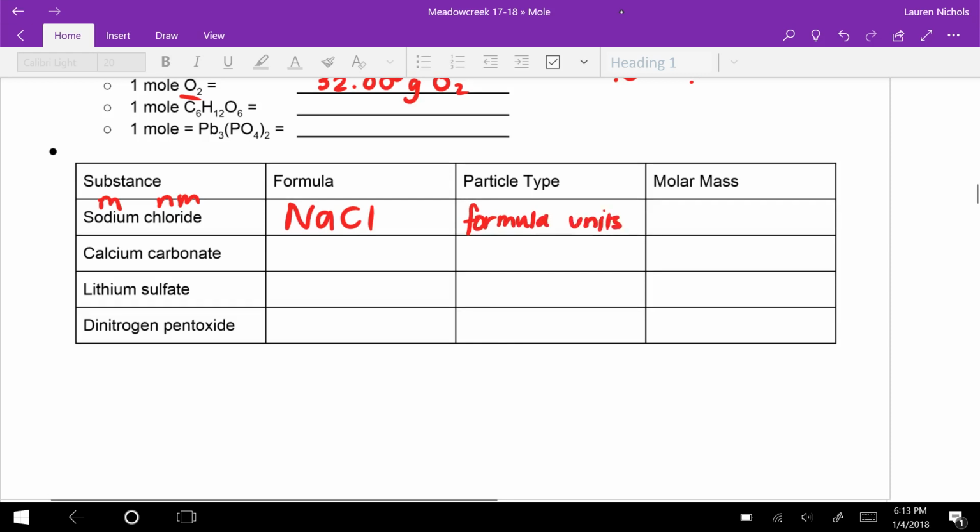And if we were to calculate the molar mass, we have 1 sodium plus 1 chlorine, and that would give us 58.44 grams per mole. And so what I want you to do is go ahead and practice through this, and you can check your answers with me in class.